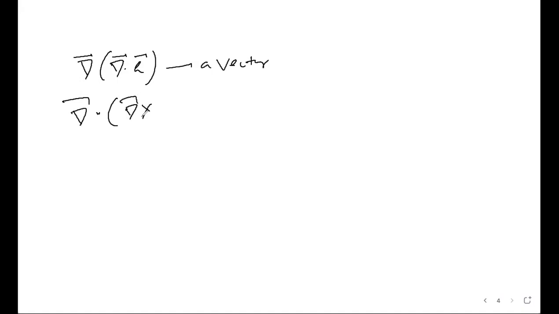And then we have also seen that you can construct an operator, something like this, right? It will be a vector operator. And then you can also construct an operator something like this. So what was the answer for this? 0, right?